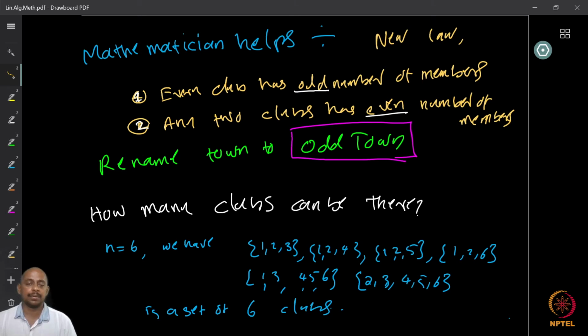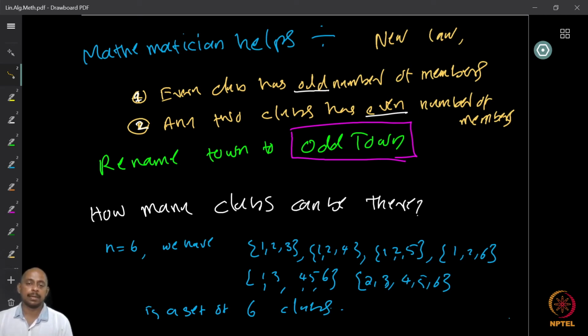Similarly, if I start with an even number of people, like 32 or 6, then I can talk about the complements of the singletons, right? For example, if I have 1, 2, 3, 4, 5, 6, I just look at the set without the 1, without the 2, without the 3, without the 4, without the 5.